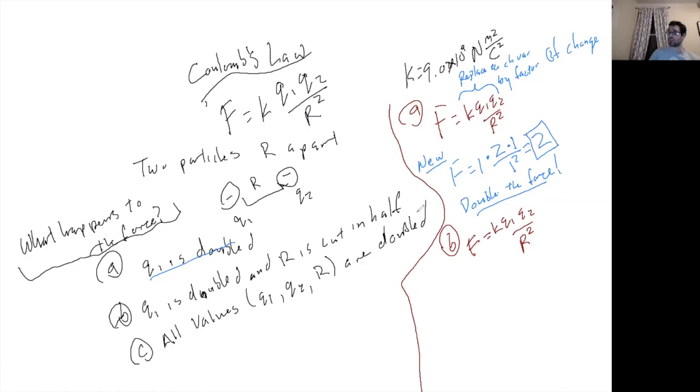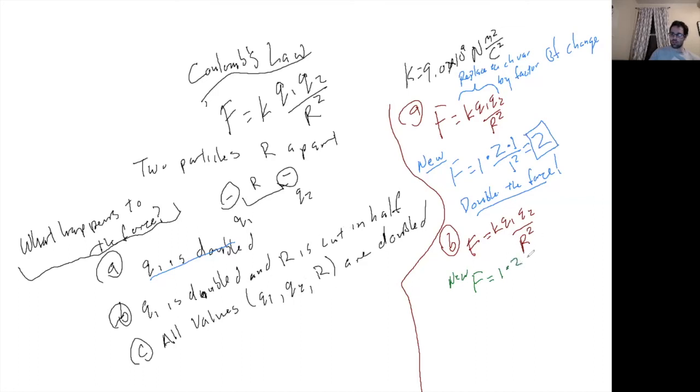K is never going to change, so we can basically ignore that. Now I'm going to use a sort of darker green. And so what I get is that the new F is equal to 1. The K didn't change, so it's just multiplied by 1, times Q1 is doubled, so times 2 on the top.